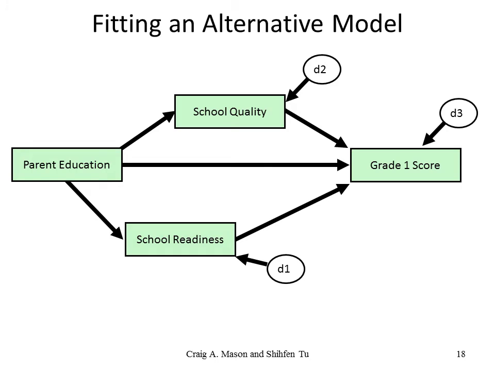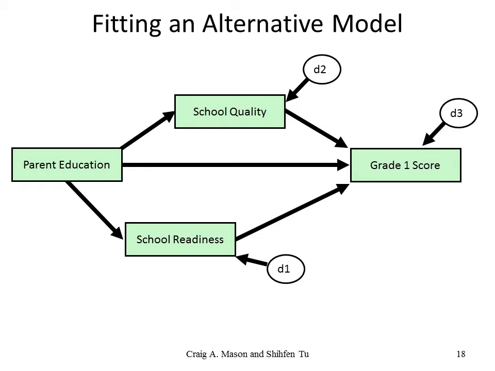You can't do that in multiple regression because path analysis in multiple regression requires all of the paths to be there. For example, a minute ago we considered this model where we constrained the path between school readiness and school quality to be equal to 0. What if someone else proposed a different model where they felt that the effect of parent education was entirely indirect?